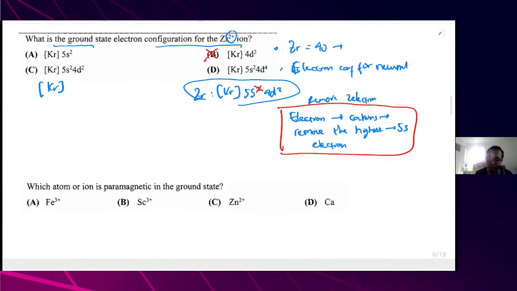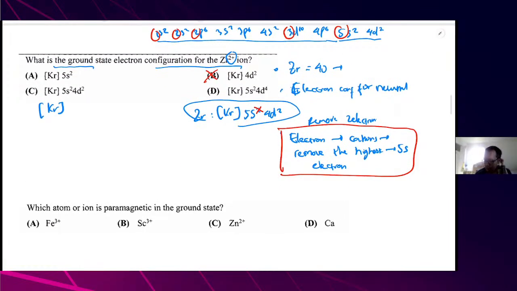Hopefully we understand correctly, and remember we have to take out or remove the electrons from the highest energy level first when we are talking about cations.